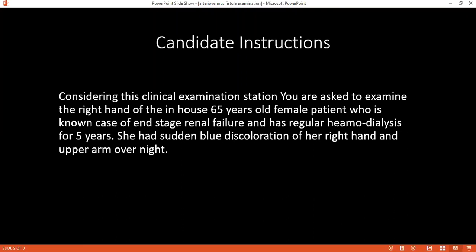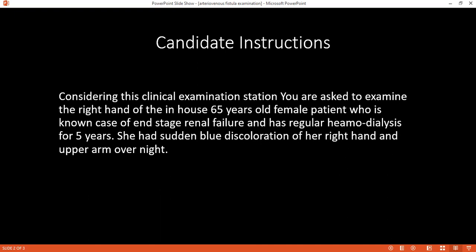Your time is up. This is something that you missed in your presentation. When you tell me what you look for, you always have to tell me the size as well. The overlying skin had brown pigmentation. You did tell me that arm elevation was positive and it made the skin pale distally.